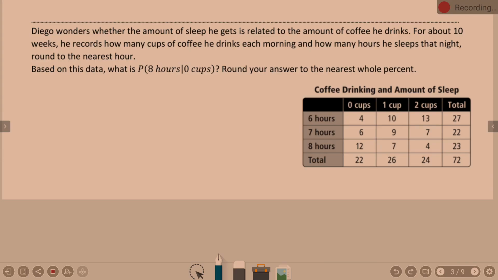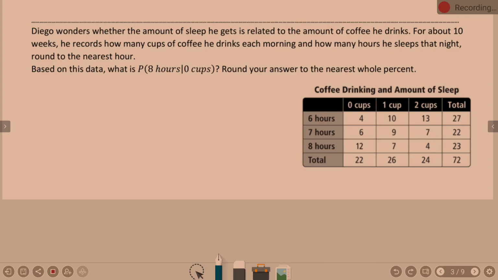For about 10 weeks, he records how many cups of coffee he drinks each morning and how many hours he sleeps that night, rounded to the nearest hour. Okay. Based on this data, what is the probability of Diego getting 8 hours of sleep given he drinks 0 cups of coffee? And then in the end, we'll round to the nearest whole percent.